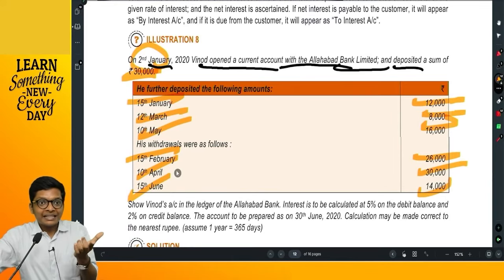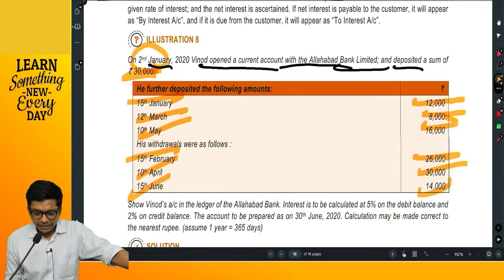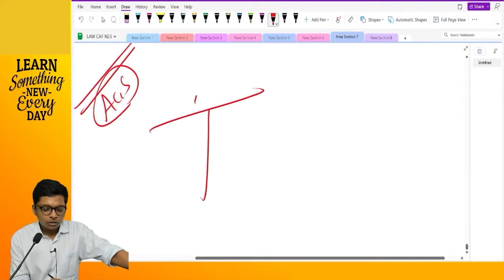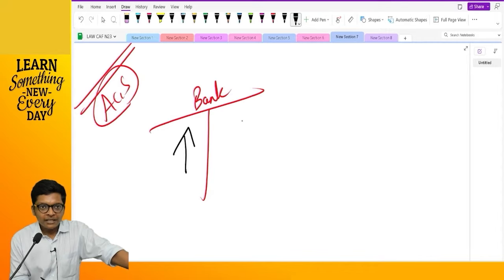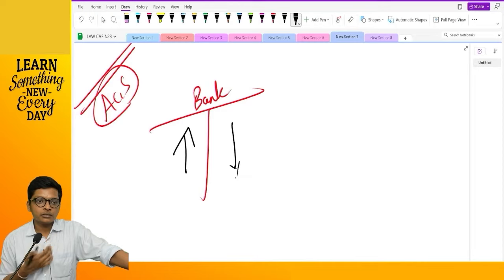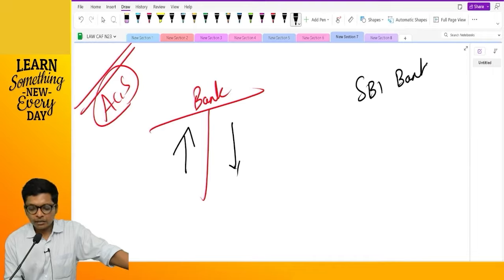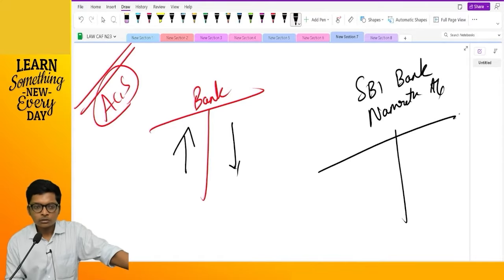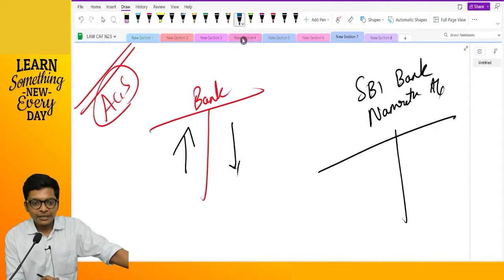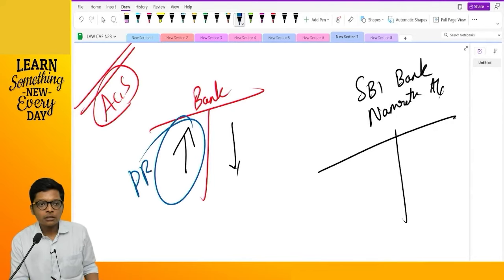When I deposit money in my bank account, it is a debit for me. When you take money out, it is a credit for me. But for the bank, when you deposit money, for you it's debit, so for the bank it is credit.